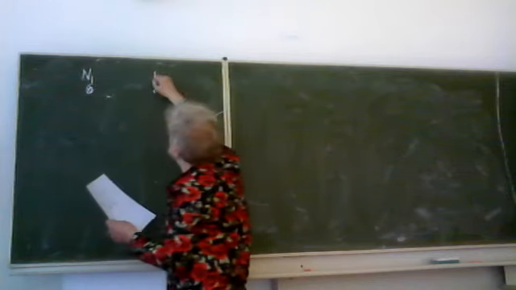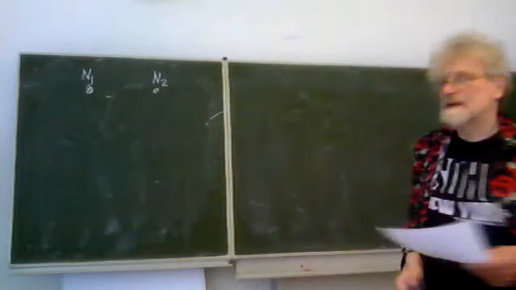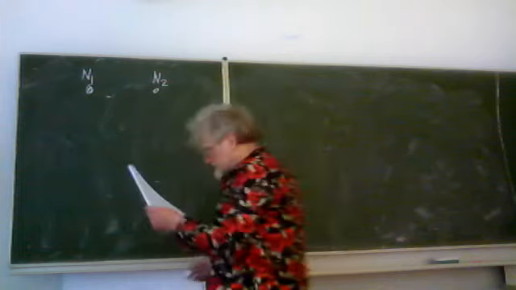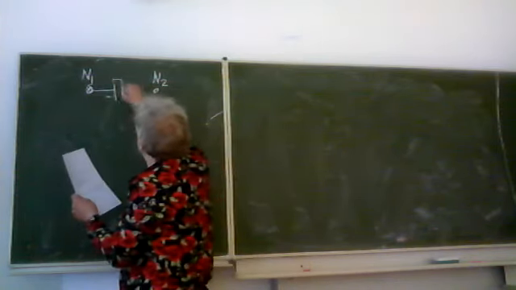So it's called double SET because it has, in fact, not two SETs in series, but the structure under consideration surely has two islands. So let me start with the islands, this most important part. It depends on two charges. The state of the system is defined by two charges.